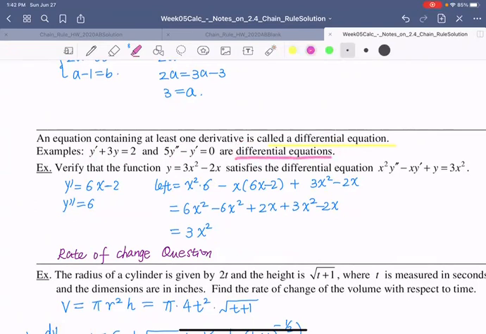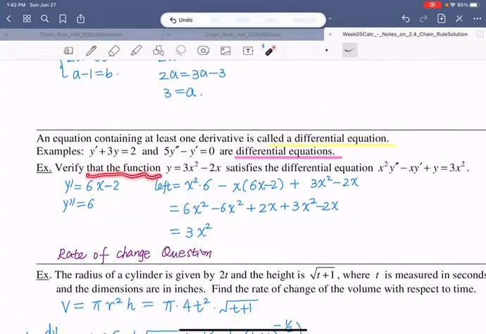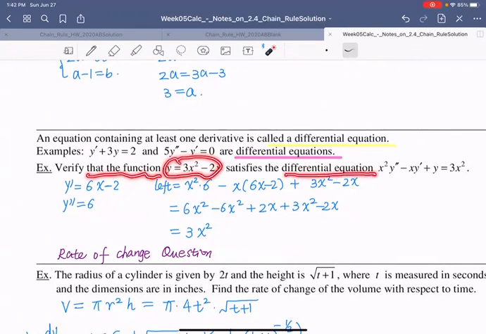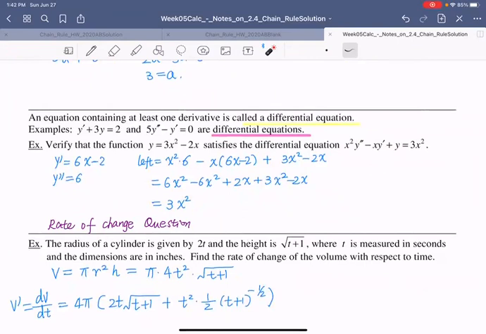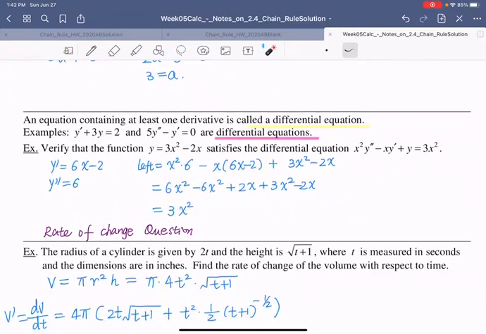This is the first time you see this name, differential equations. And they ask you to verify that this function satisfies the differential equation. This looks complicated, but as long as we use everything we have learned so far, it's not hard. Let's do it together, okay?